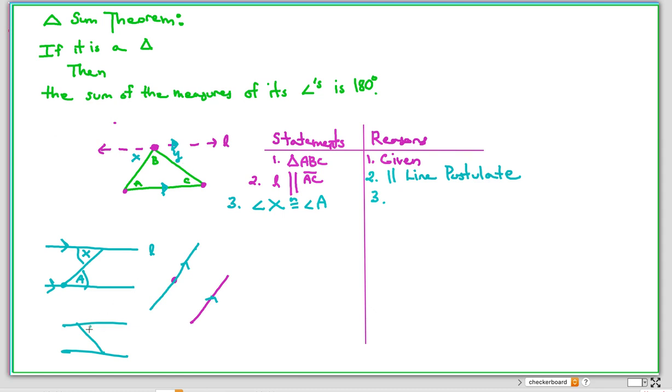Y is over here. C is over here, and again, these two lines are parallel. So you should see that Y and C are congruent because they're alternate interior. So I'll put that in one step. Y is congruent to angle C, and that's because for both of these, this is the alternate interior angles theorem.